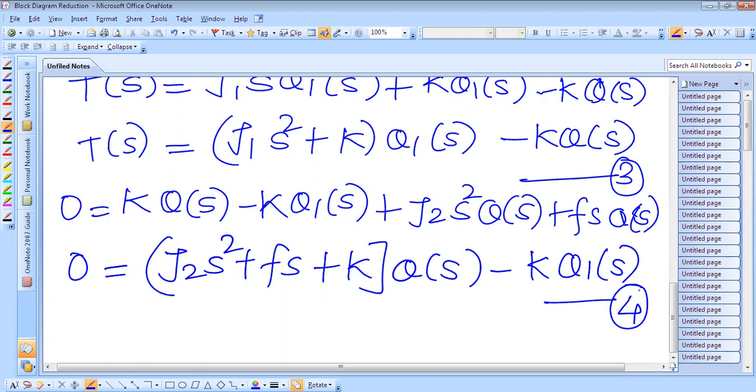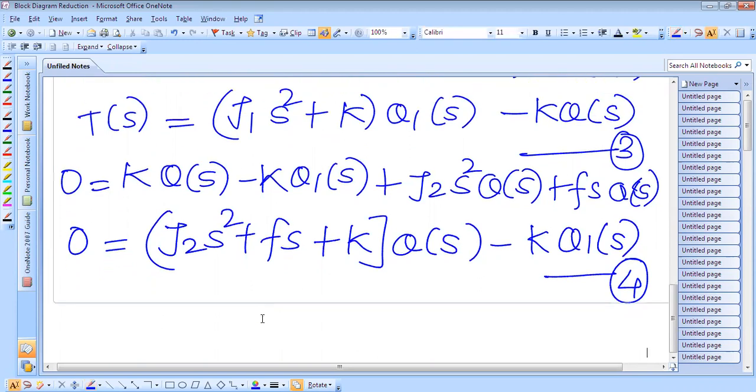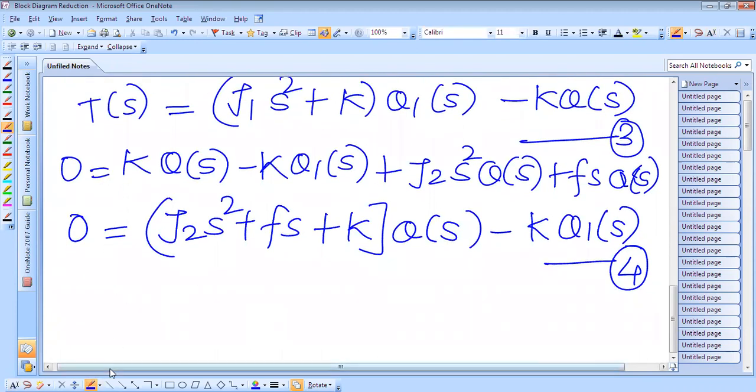Now we have to find the transfer function. The transfer function is nothing but theta of S by T of S. So this is the transfer function.